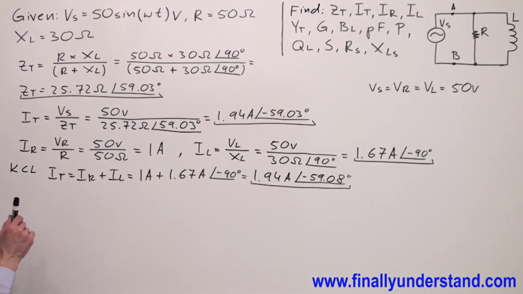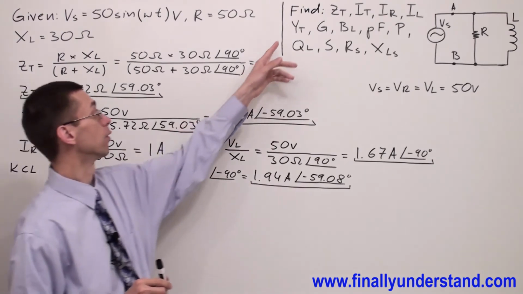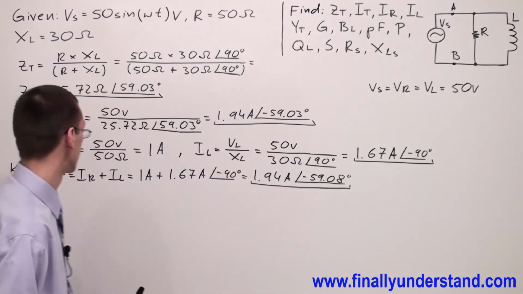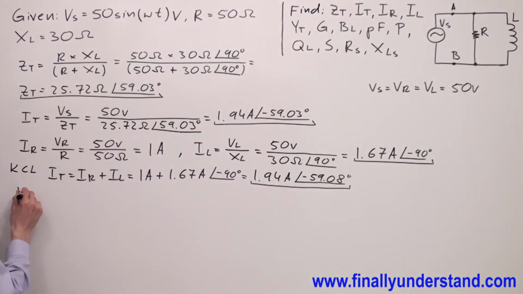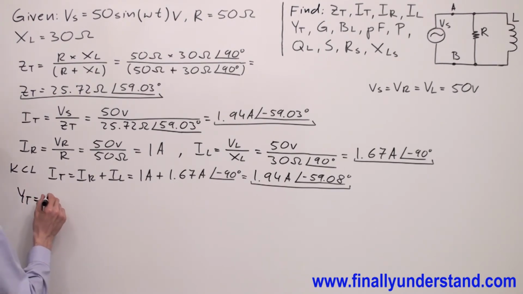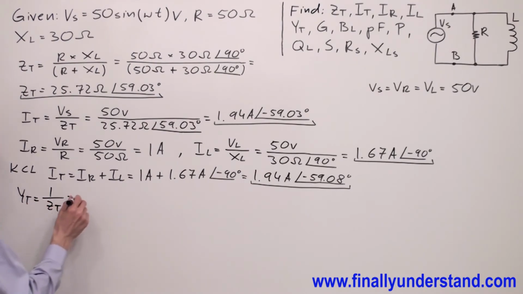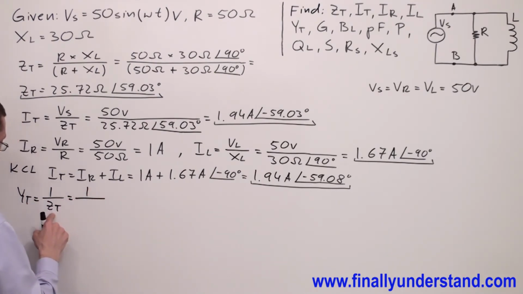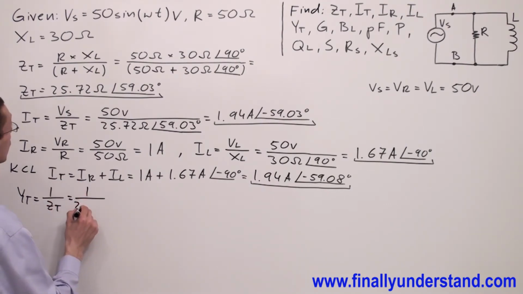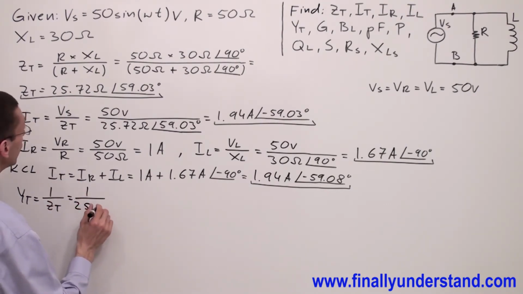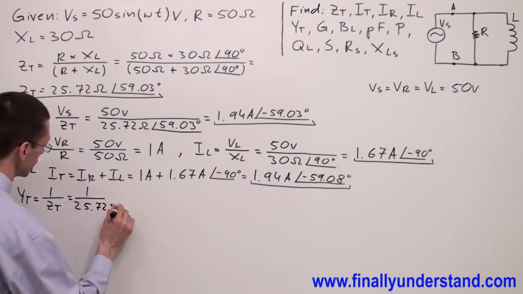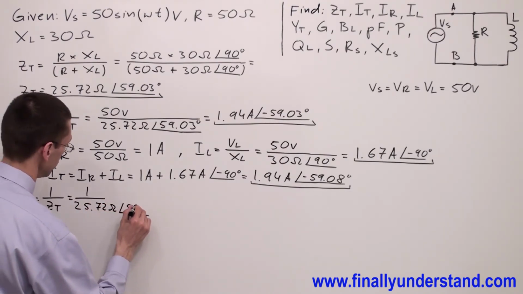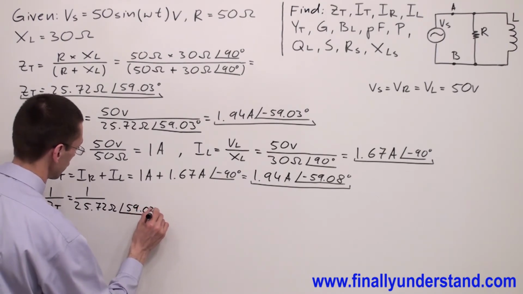Next, we're supposed to find total admittance, Y total. Okay, so I have Y total is equal to 1 over Z total. So I have 1 over Z total, which is 1 over 25.72 ohms and angle of 59.03 degrees.